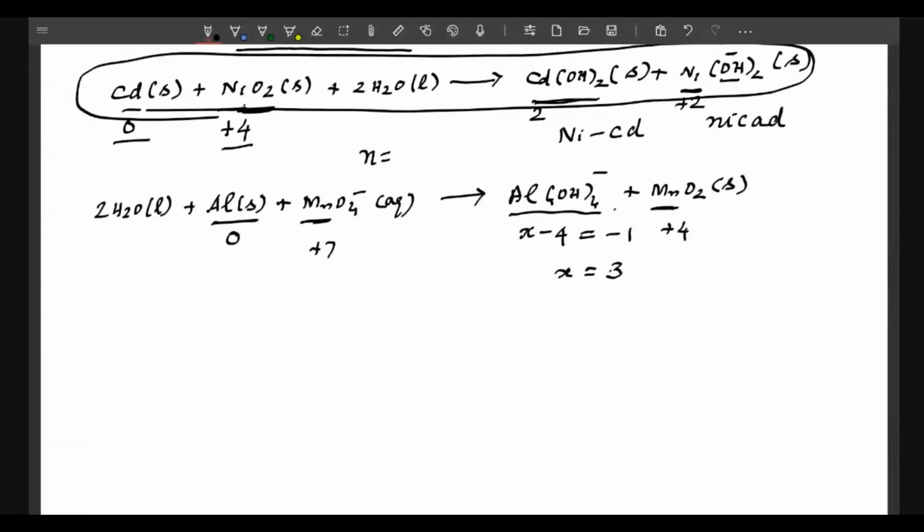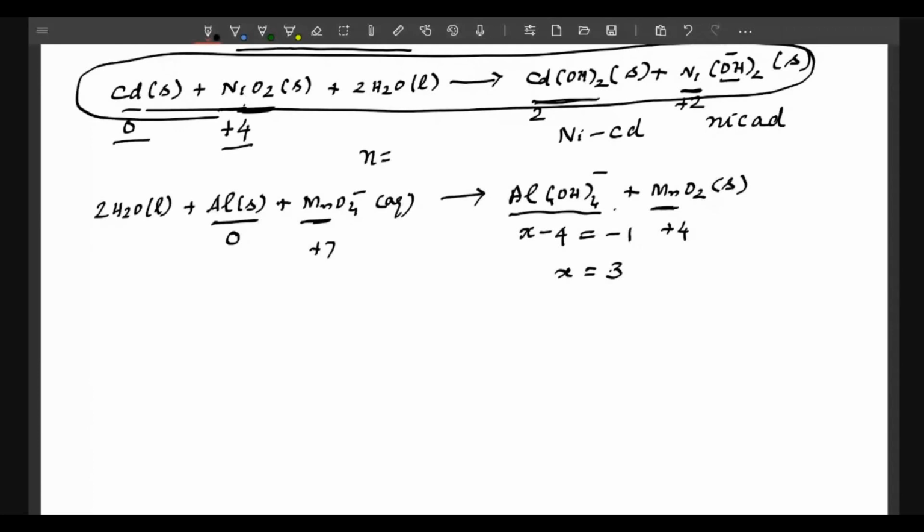And here you may be asking one question. Which species is oxidizing? Which species is reducing? Oxidation means losing the electron. Here aluminum is losing the electron, therefore it undergoes oxidation.